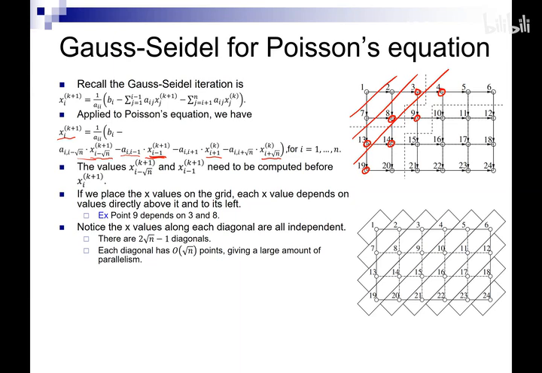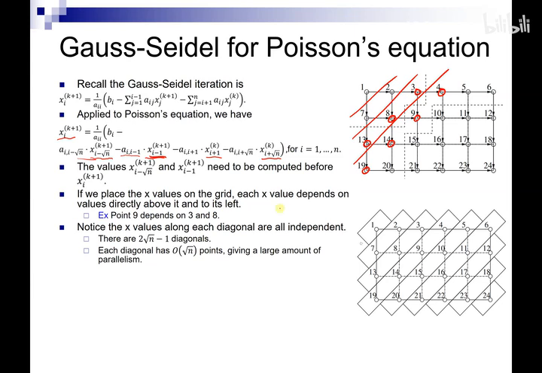So in general, this is what we're going to do. We break things up into diagonals and compute each diagonal in parallel, but proceed through the diagonals sequentially. In total, we have 2 times root n minus 1 diagonals if it's a root n by root n grid.